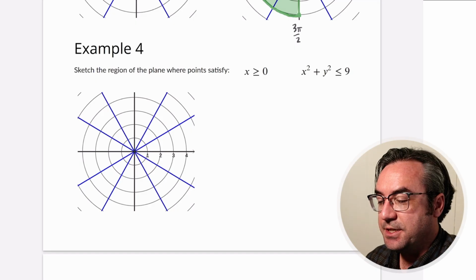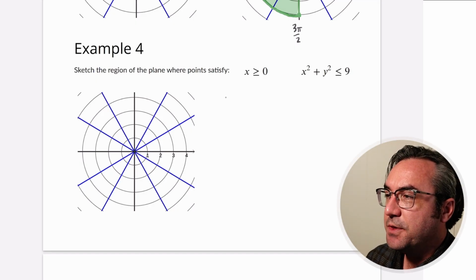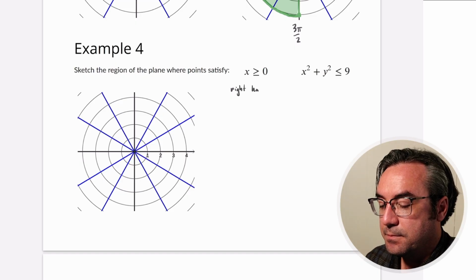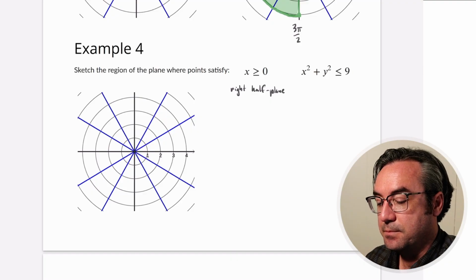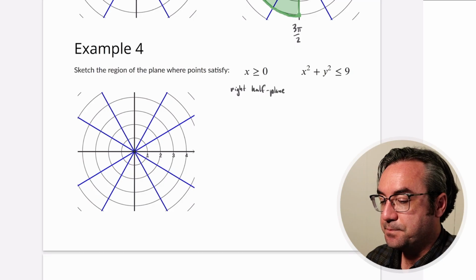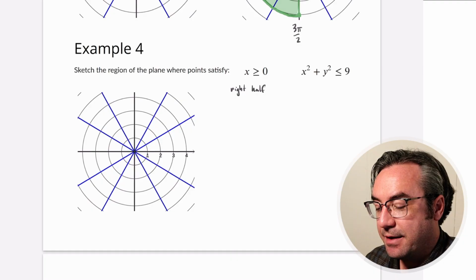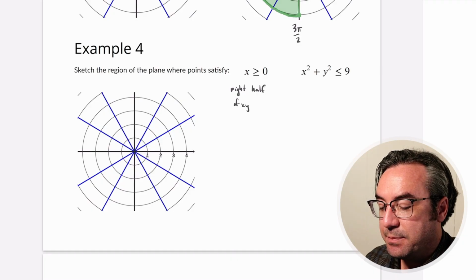So x greater than or equal to 0 gives us the right half plane. Well, let's be more specific. It gives us the right half of the xy plane.